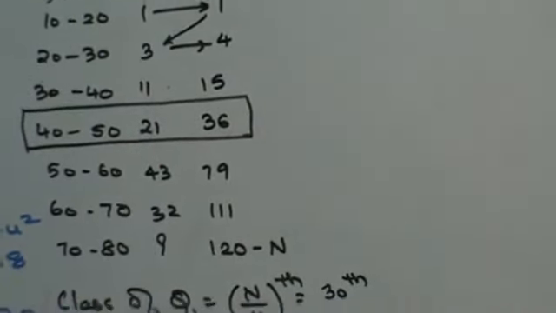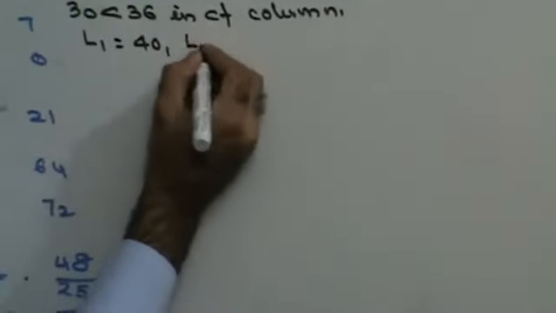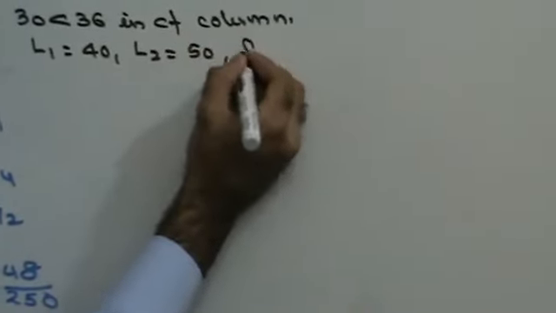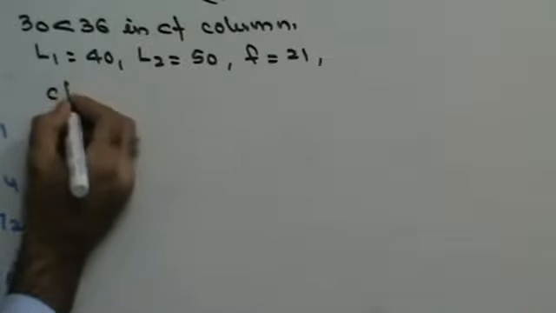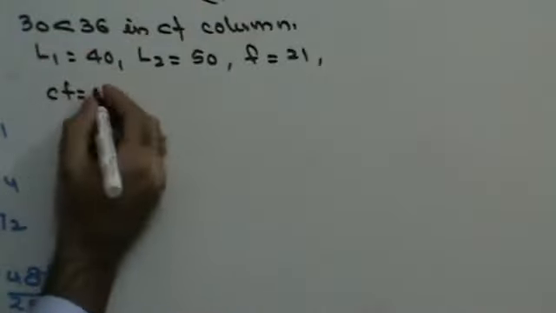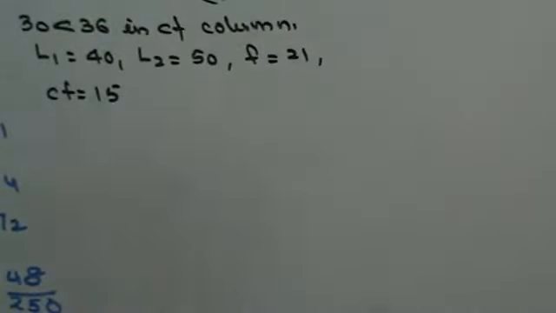So in that case, L1 will be 40, L2 will be 50, F will be 21, and CF will be the number above that, that is 15.